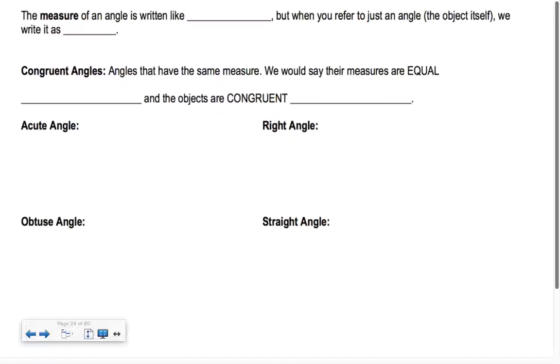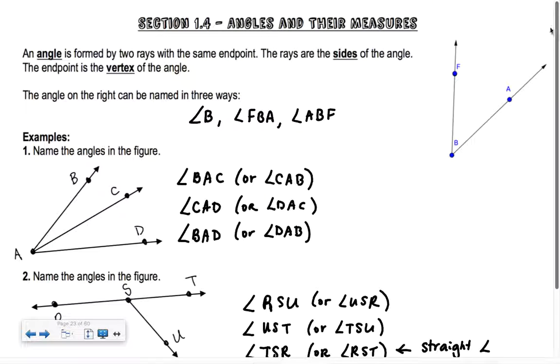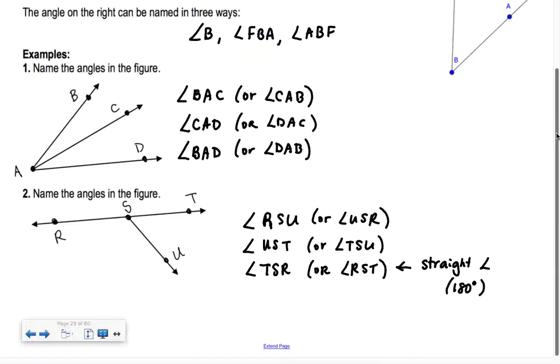All right, so the measure of an angle is written like measure of angle A. Okay, so if I want to talk about the fact that that straight angle was 180 degrees, I would say the measure of angle TSR is equal to 180 degrees.